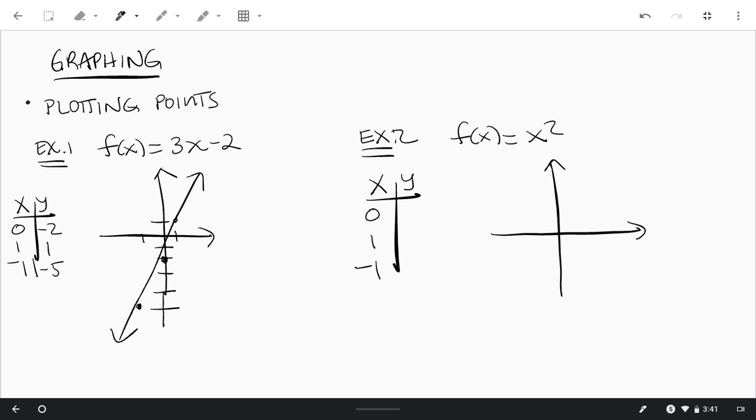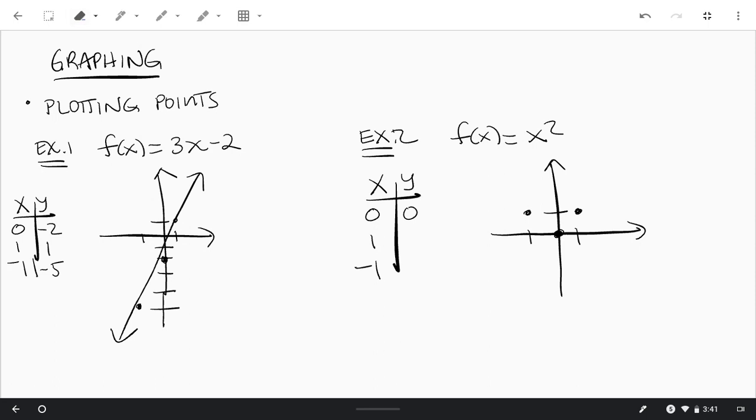So when x is 0, we get 0. When x is 1, we get 1. When x is negative 1, we plug that in. And we also get positive 1. So we get 0, 0, 1, 1, negative 1, 1.